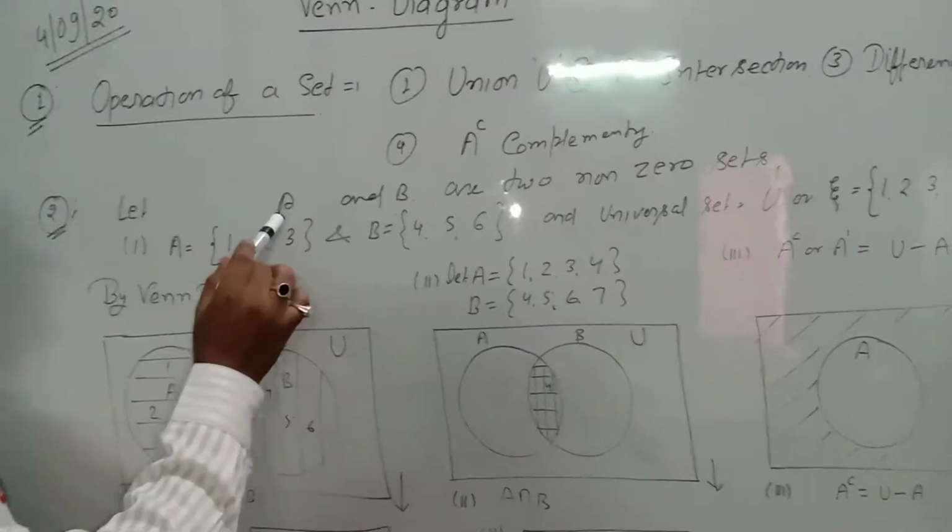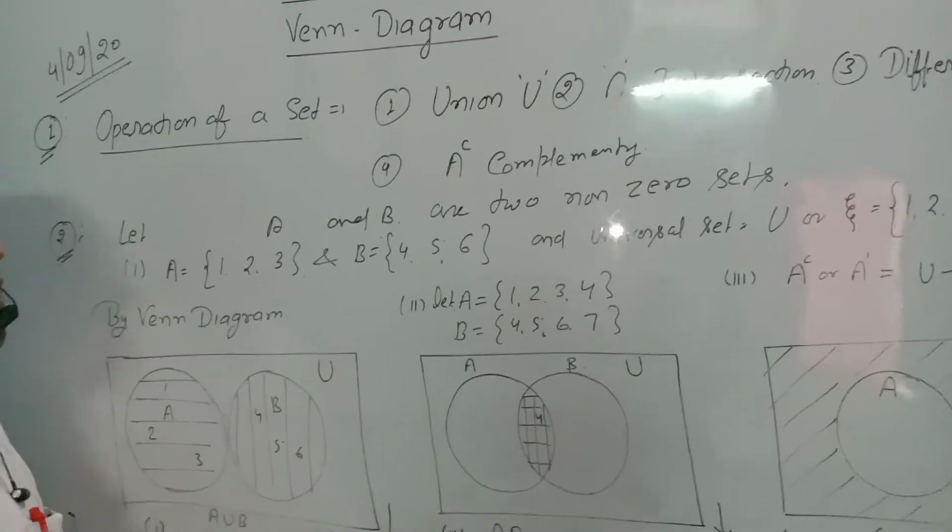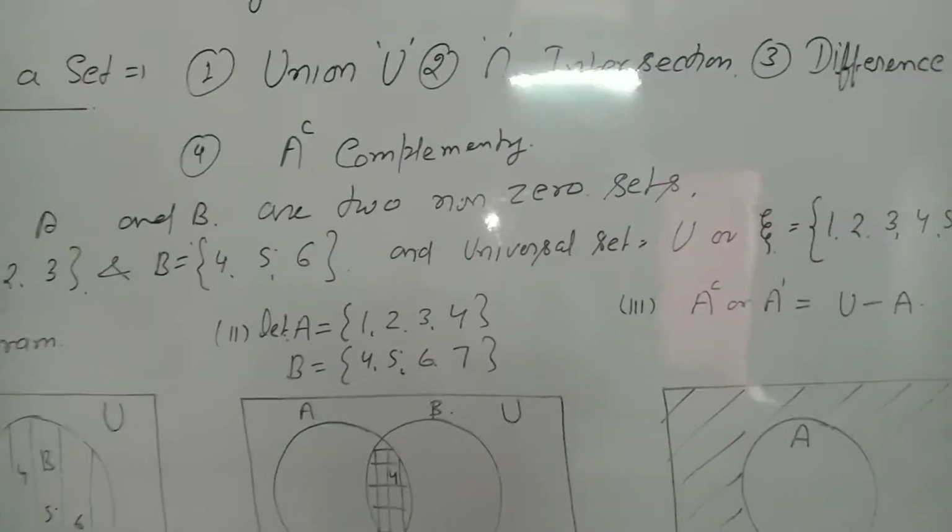Let us set A and B are two non-empty sets. Non-empty set means which type of sets?